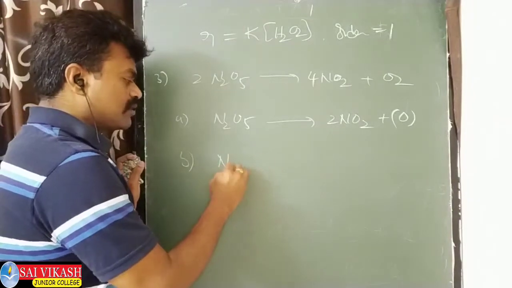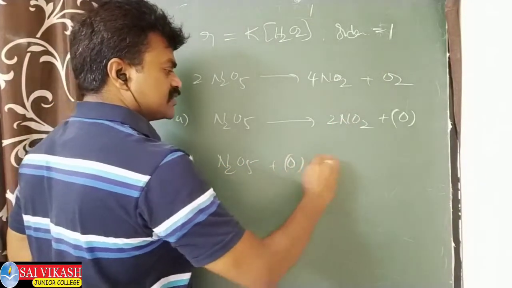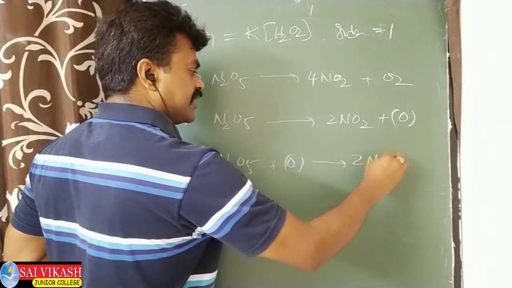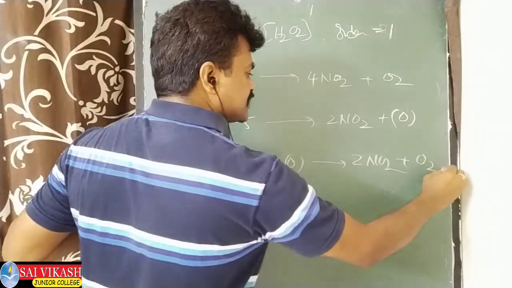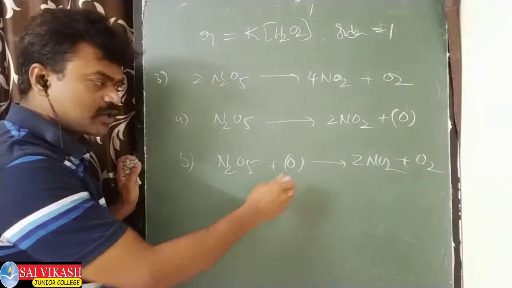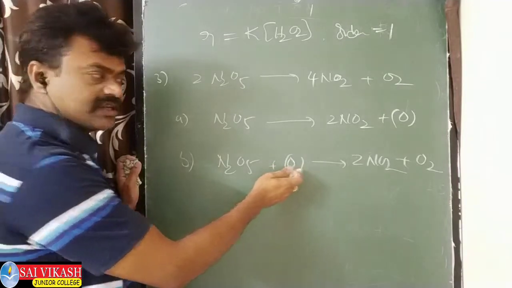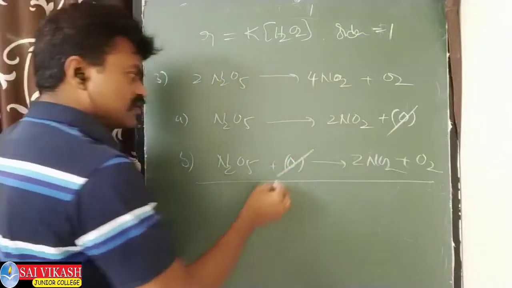This one more N2O5 combines with this nascent oxygen. It forms again NO2 and releases O2 there. So one more oxygen is released and combines with this nascent oxygen forming O2. So in the overall reaction, here also oxygen is cancelled.